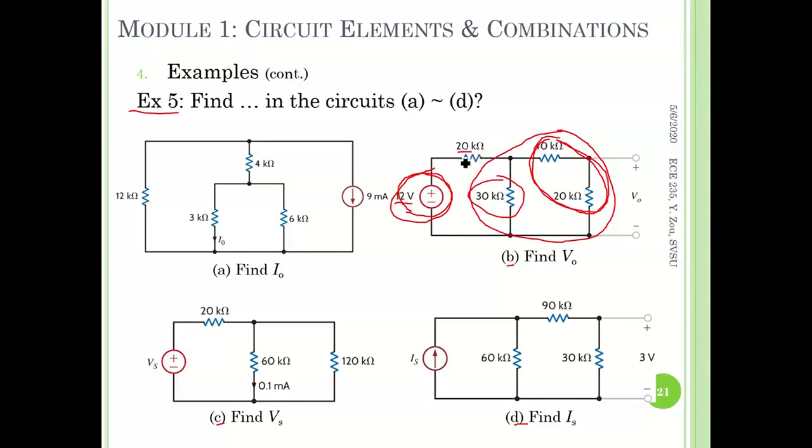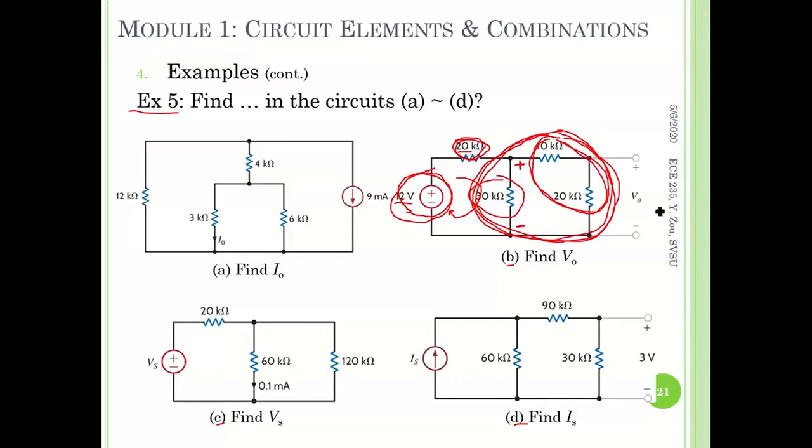So pretty much this one is series connected with this one in the single loop circuit, so that we are able to apply voltage divider between these two. After that, you get the voltage. That voltage is the voltage across here and here, right?